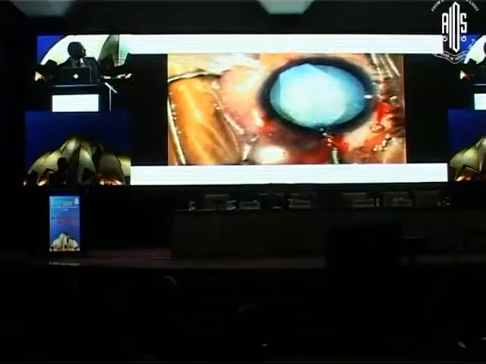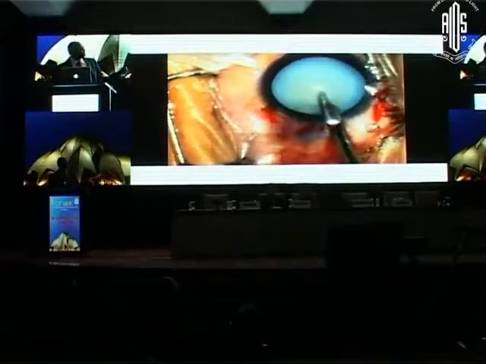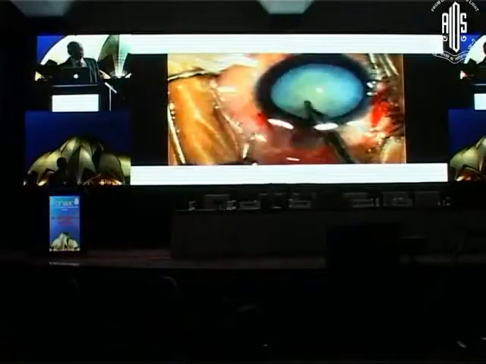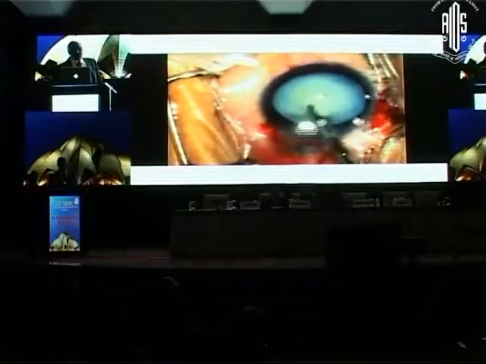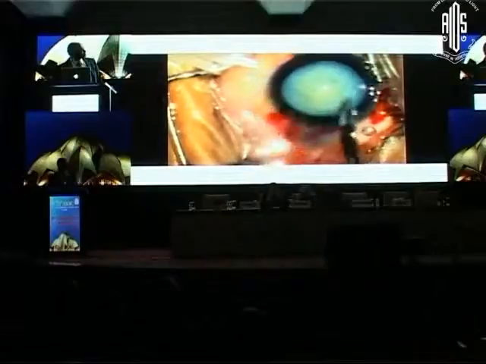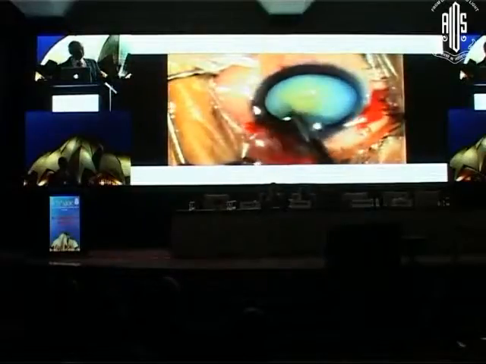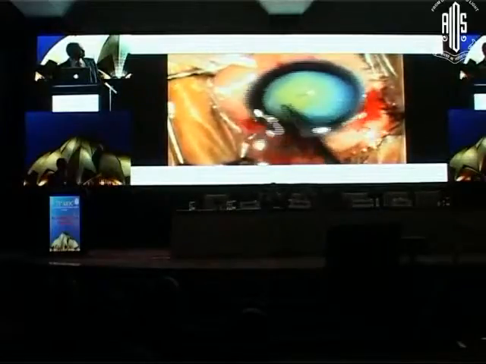Now you will see there is fluid, and I am going in with the Synco cannula. With the Synco cannula I am removing the fluid so that visibility will be good and fluid will not come out, and then I can go for the rhexis.